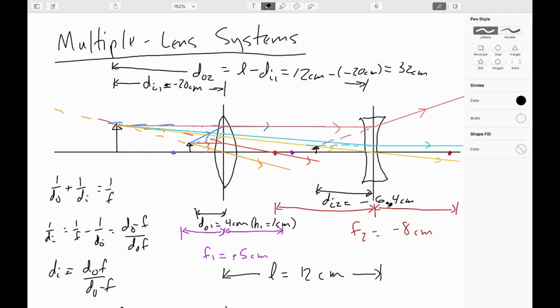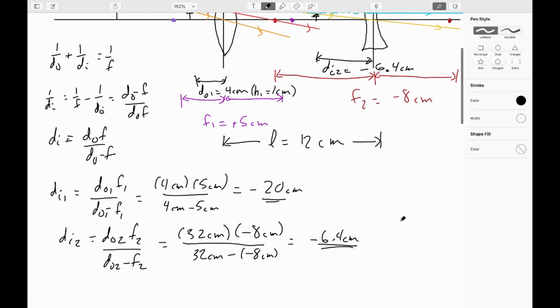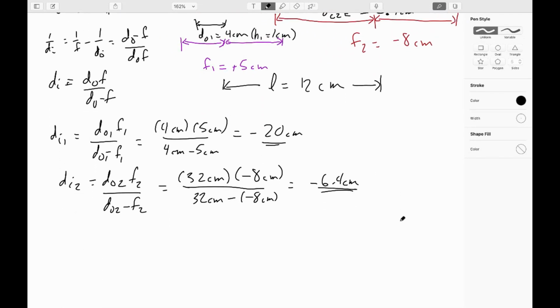Alrighty. So now with all of that, we can figure out what our final image height is. So we already know the height for the object, right? HO1 here was plus 1 centimeter.